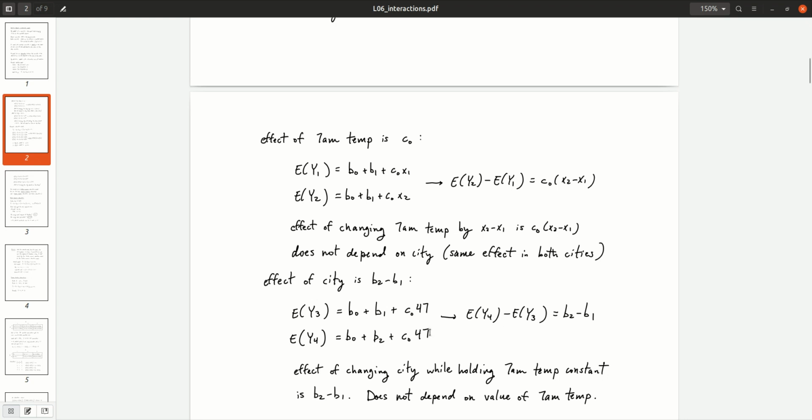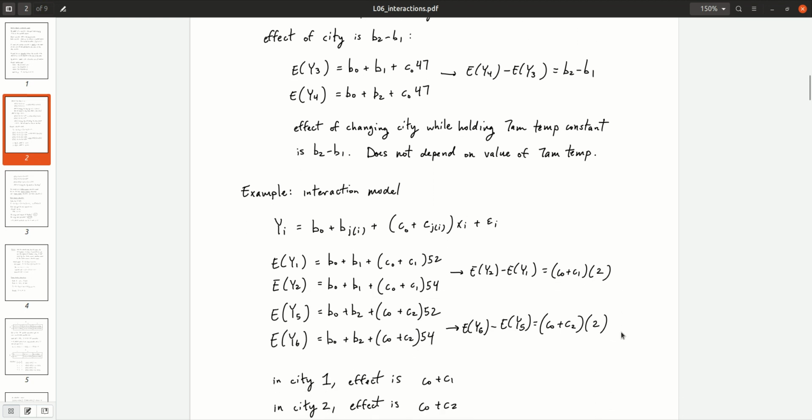If we had picked 7 a.m. temperature to be 54 for both of these cities, they would still cancel and you would still get B2 minus B1. So the effect of changing the city while holding 7 a.m. temperature constant is B2 minus B1, which does not depend on the particular value of 7 a.m. temperature that we held constant.